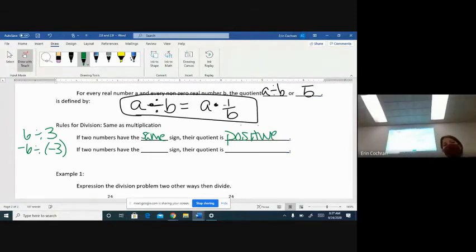Okay. If we have different signs, their quotient is going to be negative. So if I had a -6 divided by 3 or a +6 divided by -3, my answer is going to be negative. Okay.